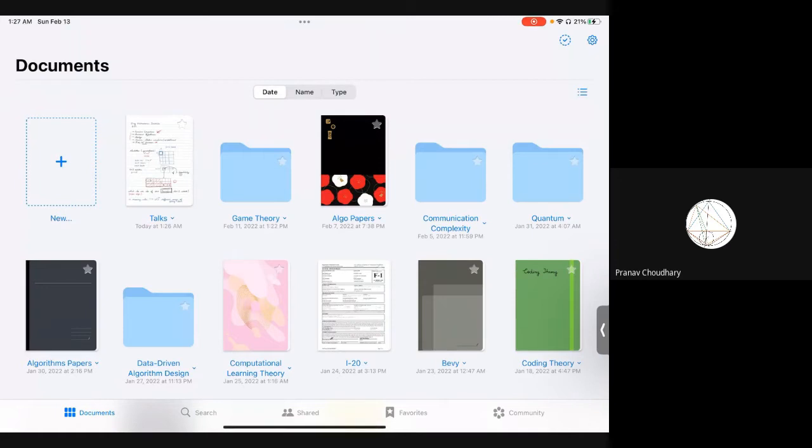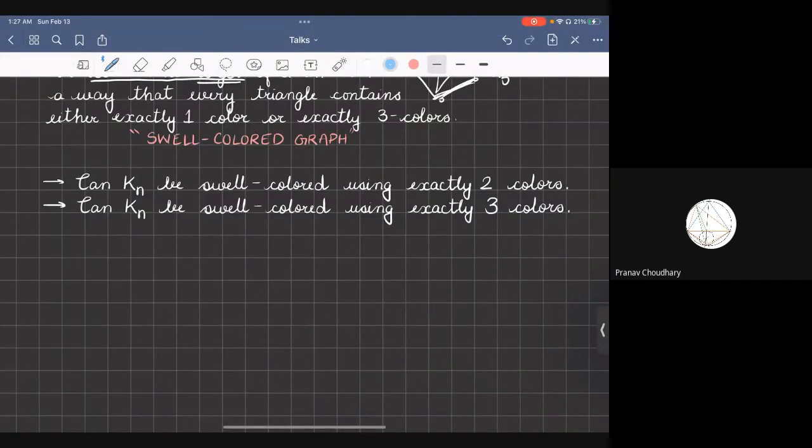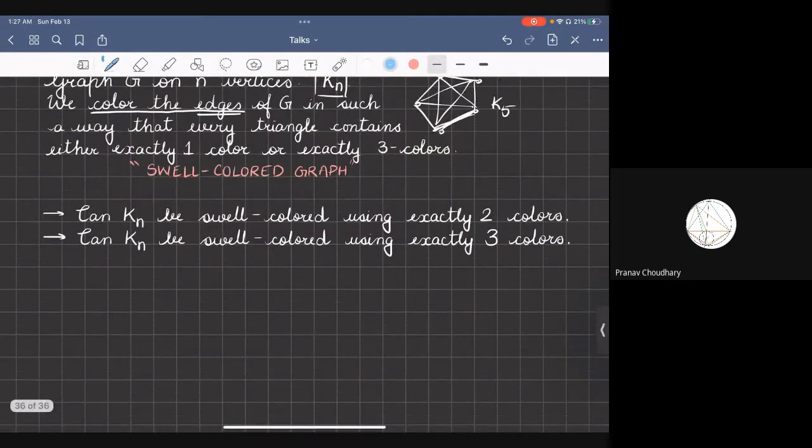Okay, I claim the answer is n equal to 3k plus 1. But three also works, right? Because certainly blue, red, and white works. Ah, yes. Okay, hold on.